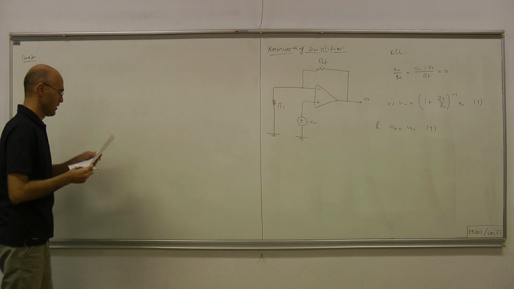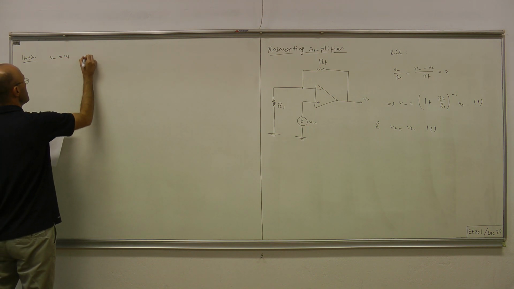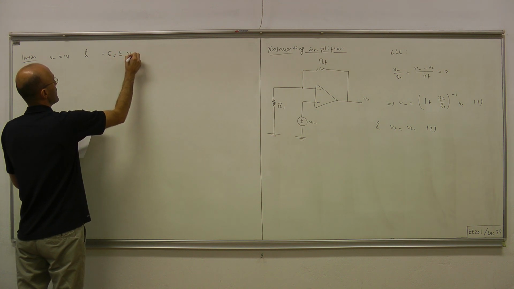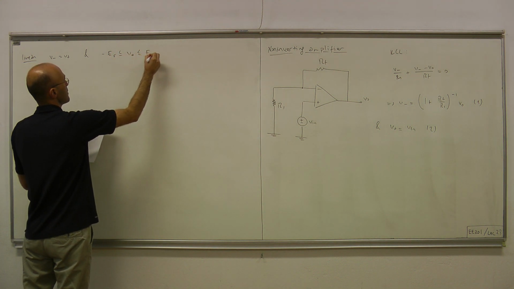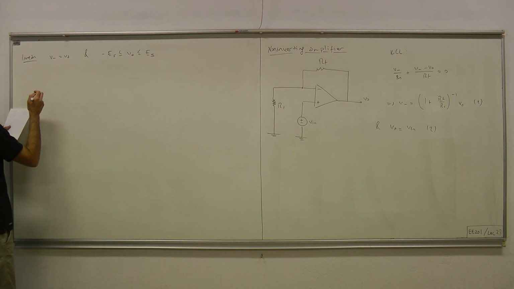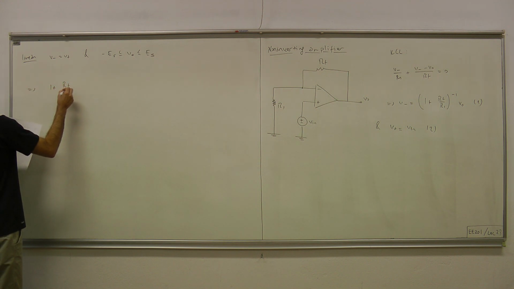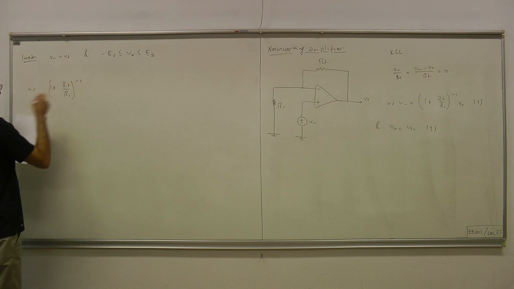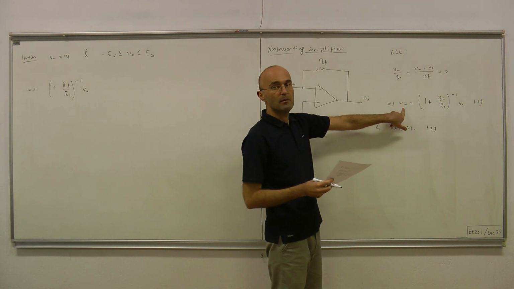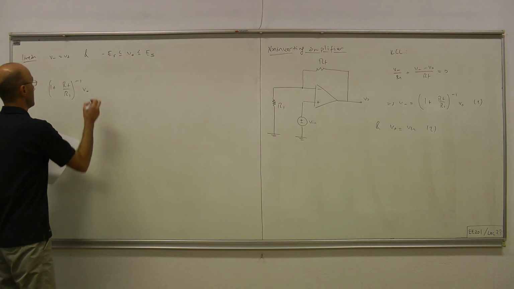Linear region, where V minus must equal V plus, and the output voltage lies between minus ES and plus ES. Okay, so what's V minus? V minus is (1 plus RF over R1) inverse times V out. Okay, V minus equals that in terms of V out. Equation 1.